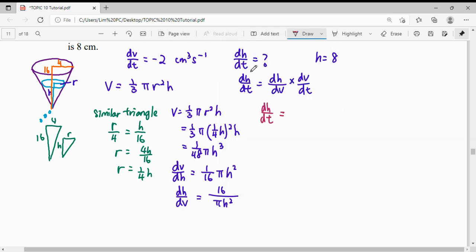So it is equal to dh/dV, which is 16 over πh², times dV/dt, which is obtained from the question, negative 2. Then we substitute for our h, which is 8, so h is 8 squared.